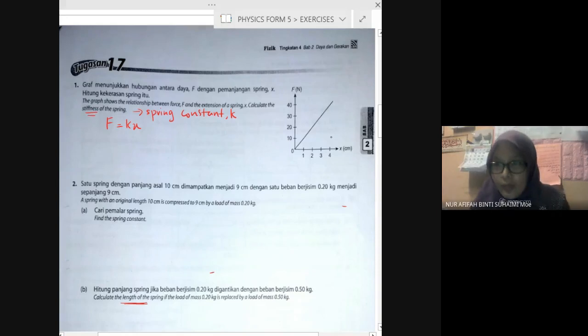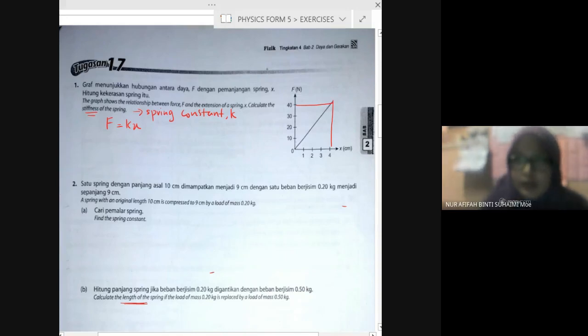Ini macam biasa yang buat dekat AdMath. So, gradient dekat sini. Kalau Math you belajar how to find gradient. Y2 minus Y1 over X2 minus X1, right? So same for physics also.